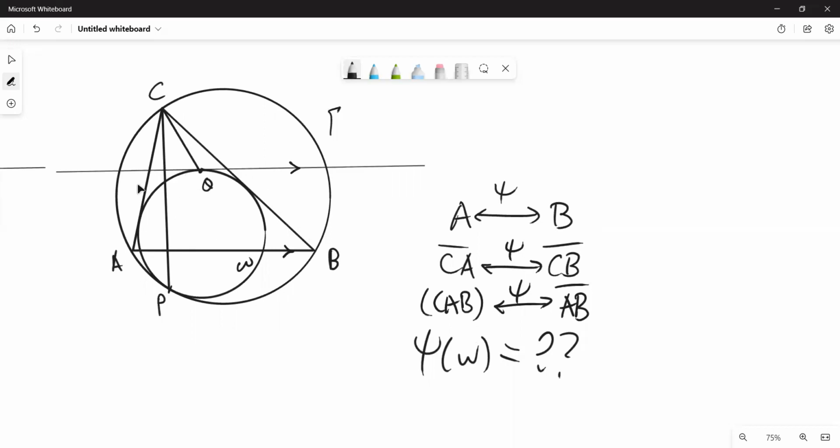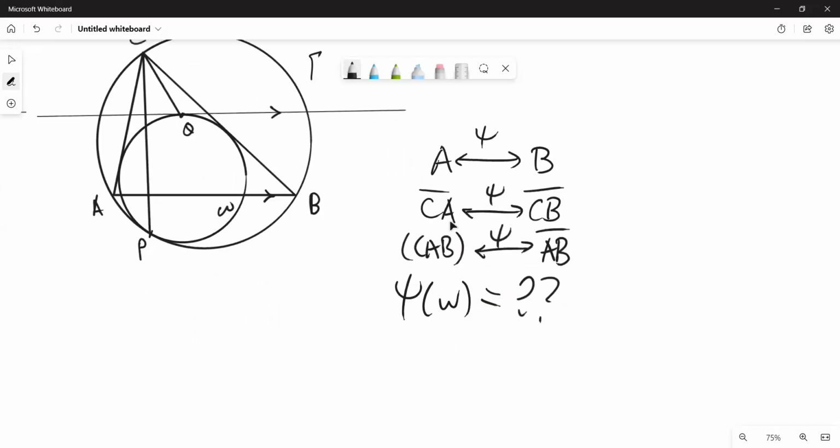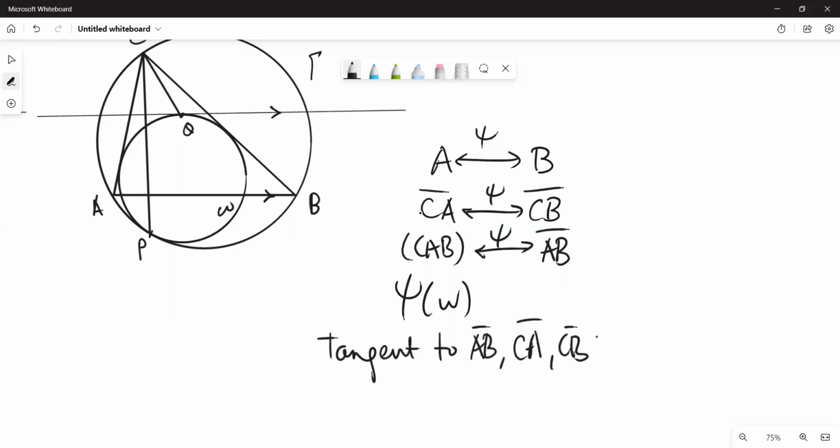So it must be tangent to those lines as well. And it must be tangent to the image of the circumcircle, which is now the line AB. So this is tangent to AB, CA, and CB.